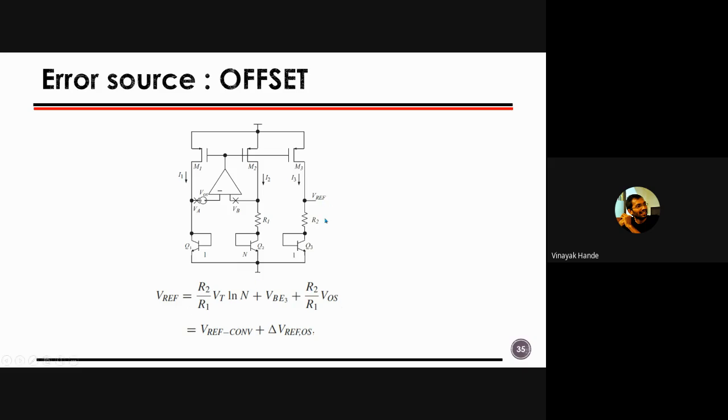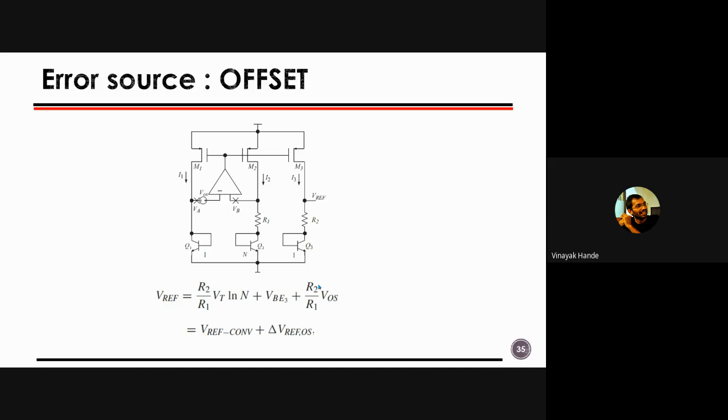Here, if I keep the previous value of R2 by R1, that is 11, that is S value, is 11, and suppose VOS is 10 millivolt. 10 millivolt is not a number which is something exaggerated, right?